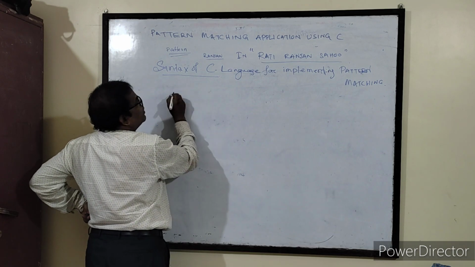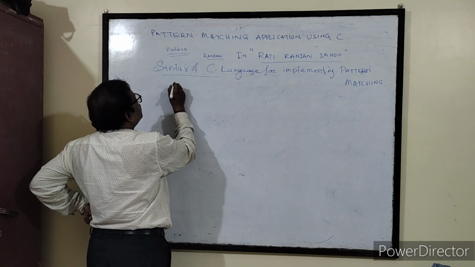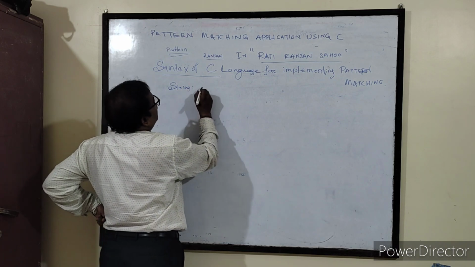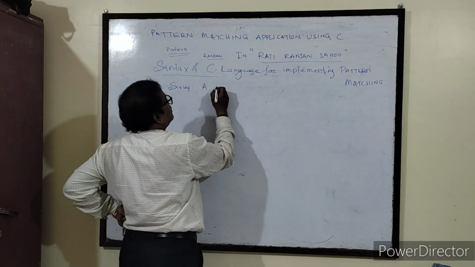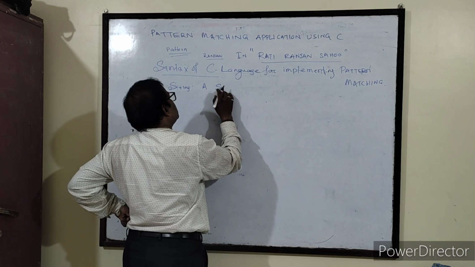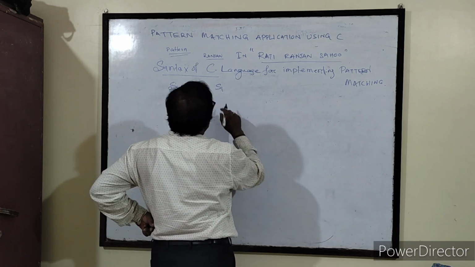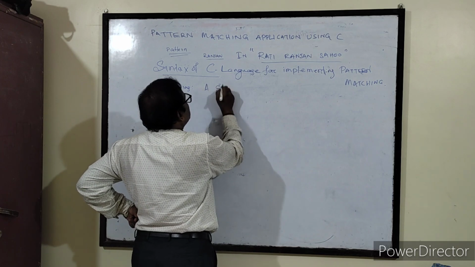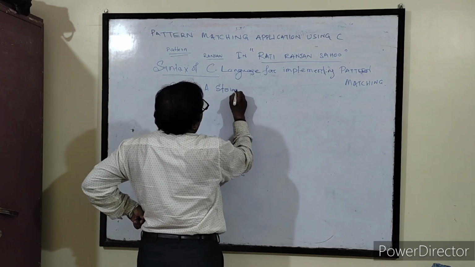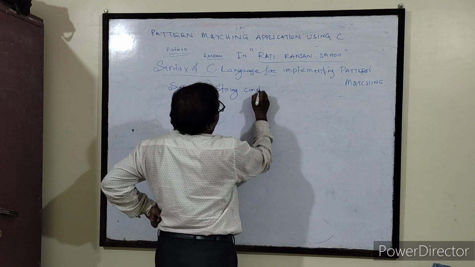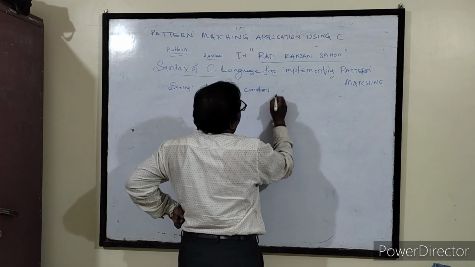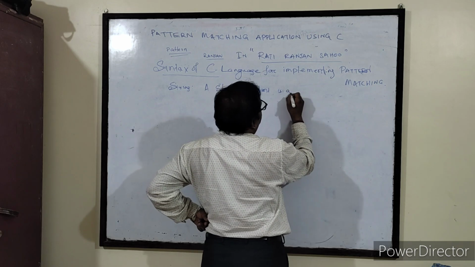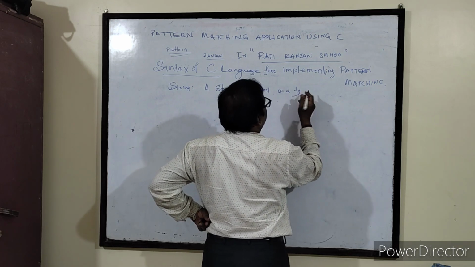So I repeat again. I write here, what is a string? A string is a special constant, or a string constant. A string constant is a type of, what is that?